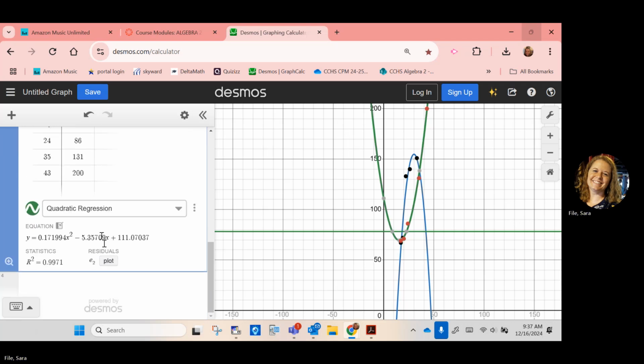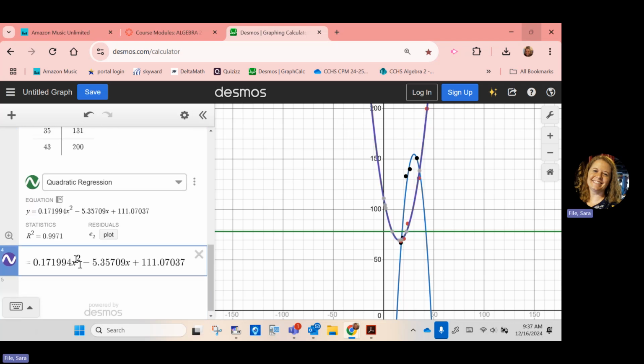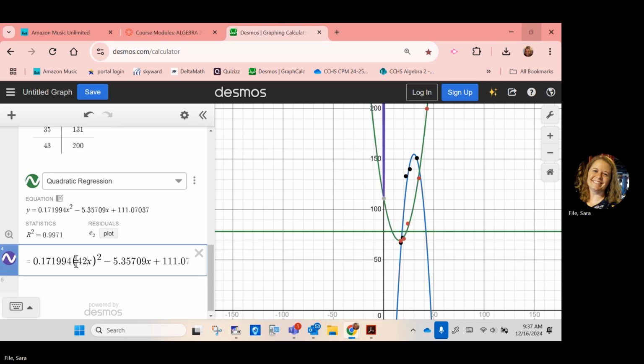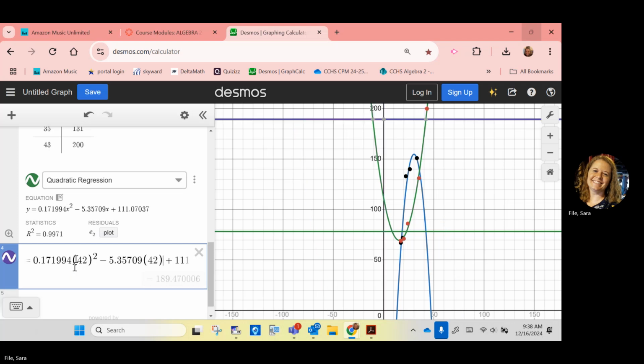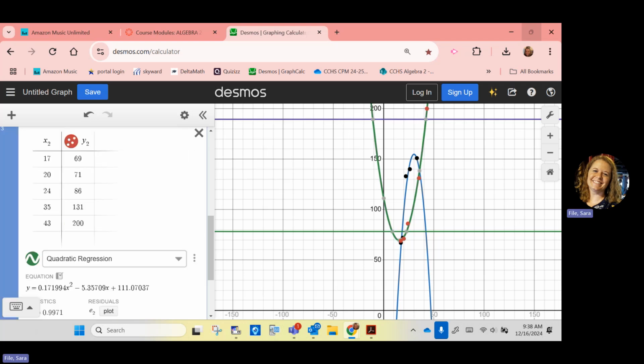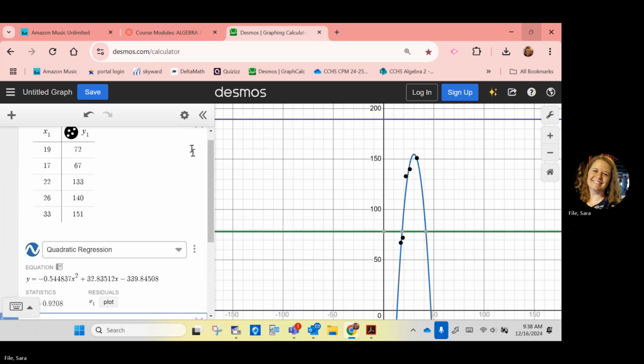Quadratic here, and then we're going to replace these x's with 42. I'm going to get them side by side. I'm going to get rid of this table.